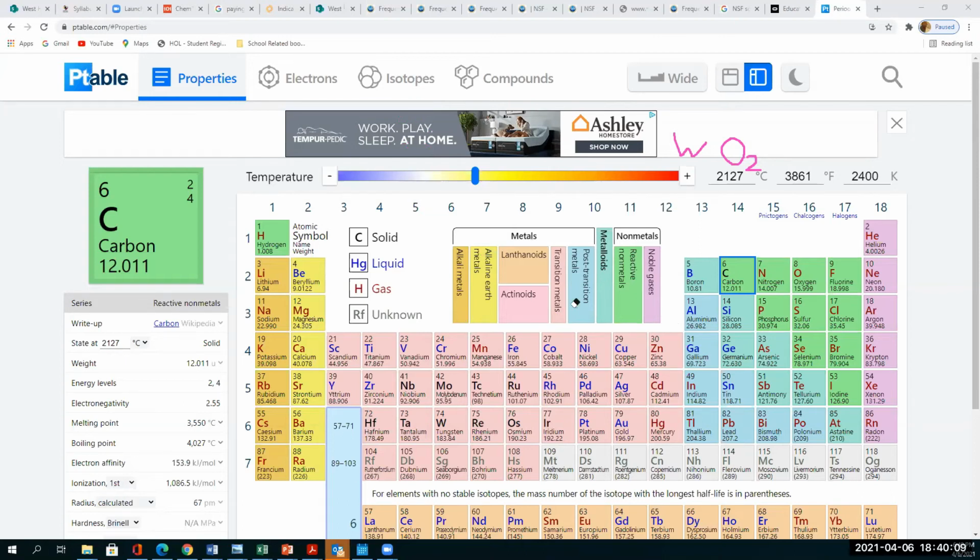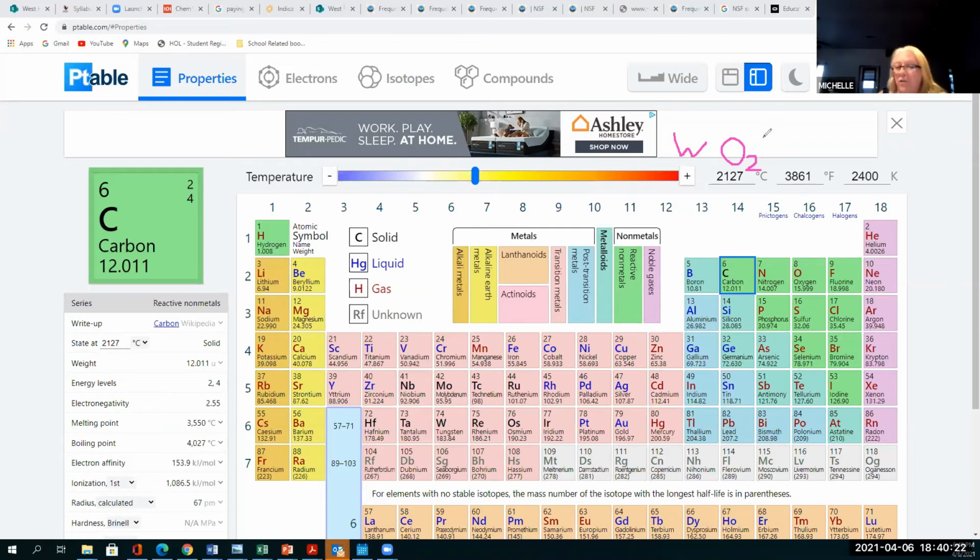So tungsten would be +6, right? Are you sure? I hope so. What is the charge on oxygen? -2. And there's two of them. So it'd have to be a +4, because there's only one.